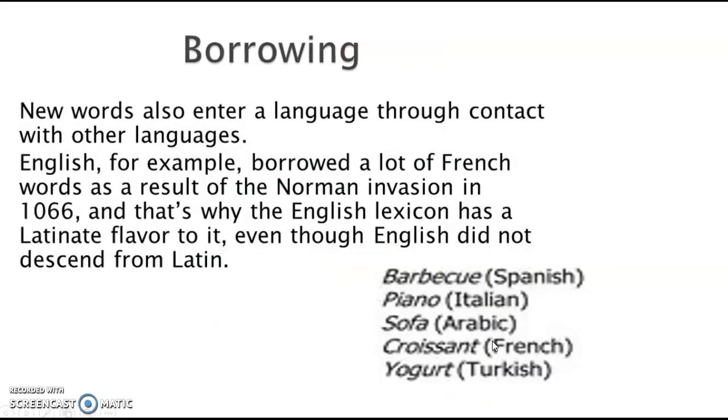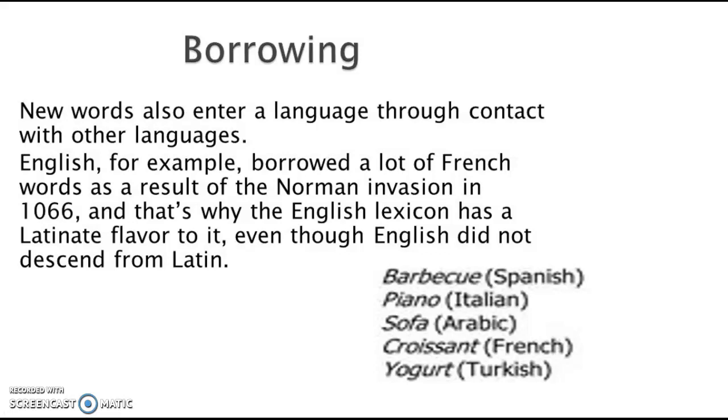Then we have borrowing. What is borrowing? It's to take something for a specific time. That's borrowing. And there are new words that enter our language through contact with other languages. As already explained when we started this class, the English language had contact with other languages, other nations.